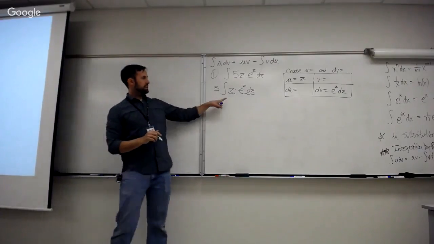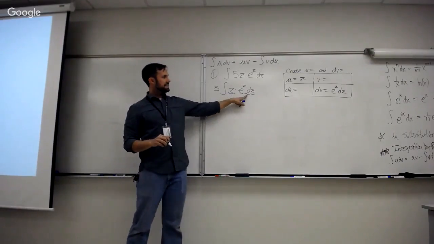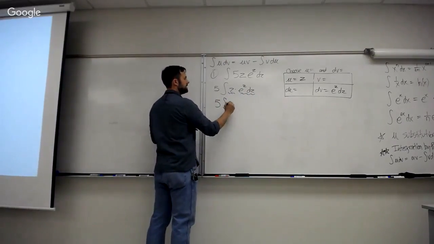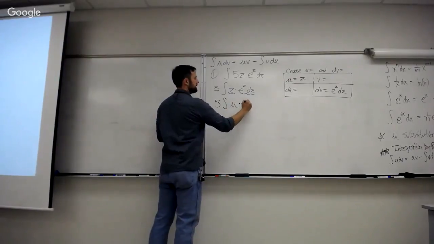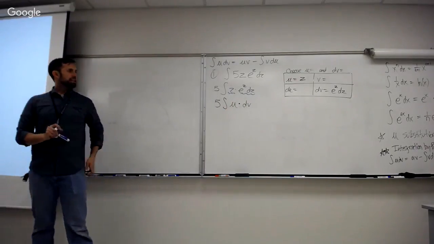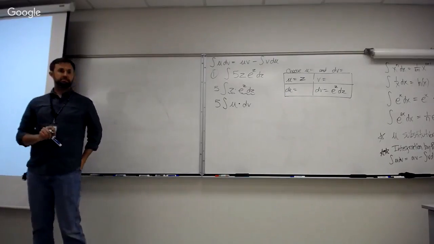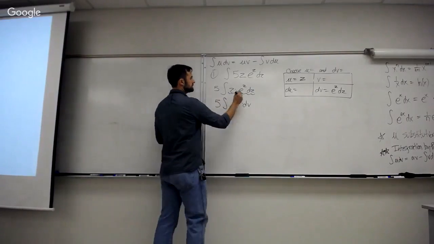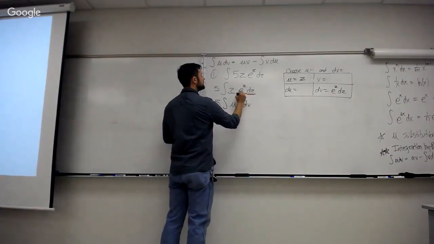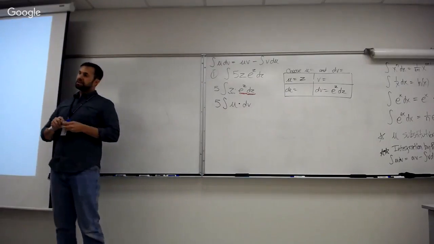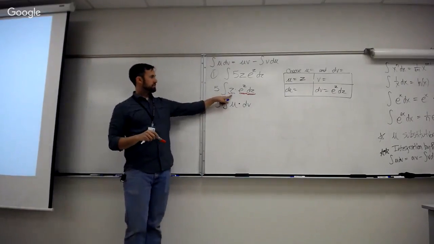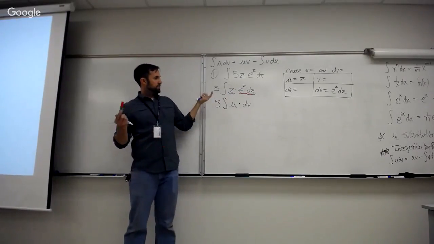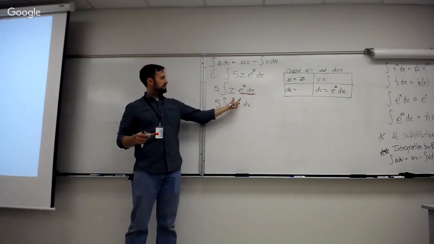So technically speaking, if I let u equals z and e to the z dz be dv, then I've just rewritten this integral as 5 times the integral of u times dv. That was just that part. It's not very clear yet why I chose u to be z and dv to be e to the z dz, but that's what we're doing nevertheless, just replacing that with that and that with that.